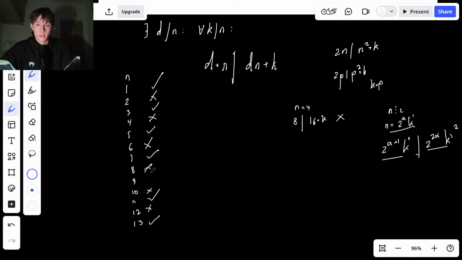So now, for example, let's test nine. Nine will actually give us some information because it's an odd integer that's also not prime.